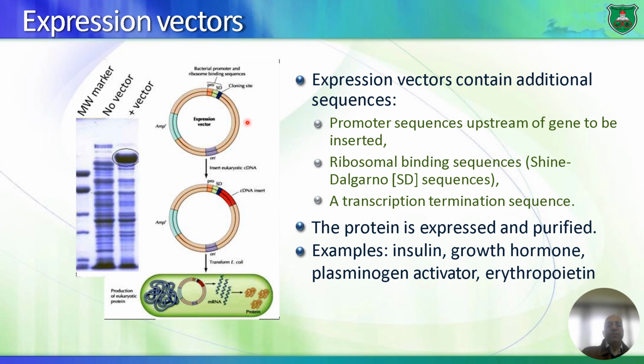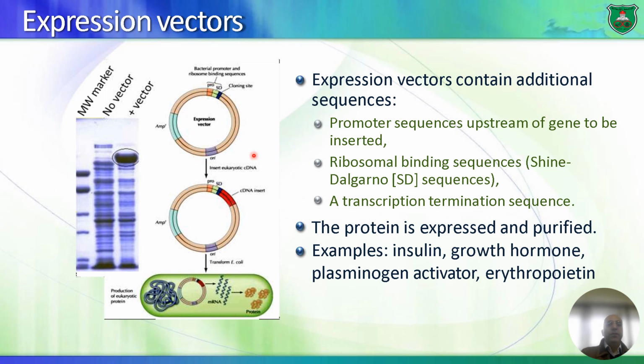Now this expression vector has the same components as cloning vectors: the origin of replication, a cloning site, and an antibiotic resistance gene that would allow us to select bacteria that contain this plasmid. But expression vectors have three additional components.